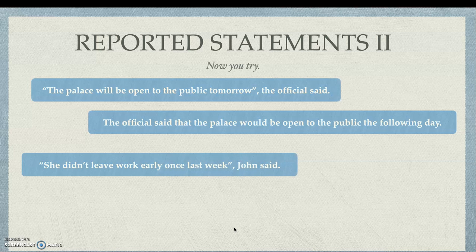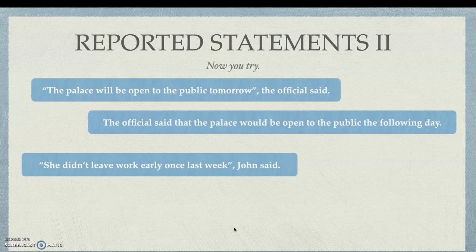"She didn't leave work early once last week," John said. So what did John say? John said that she, it doesn't change, John said that she didn't leave is the past simple. Past simple becomes a past perfect.